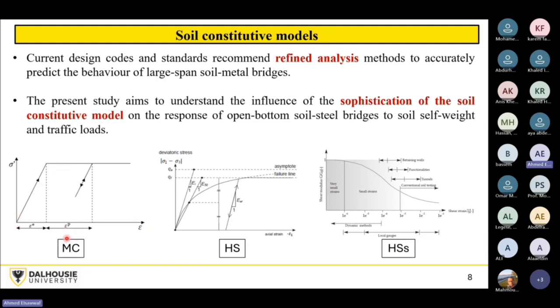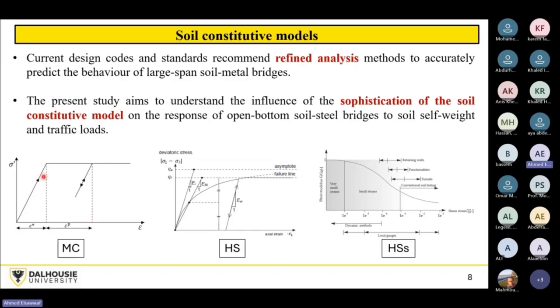The main problem in this Mohr-Coulomb model is that it only considers one stiffness, and the second problem, it doesn't develop any plastic strains unless you reach the yield or the failure line.